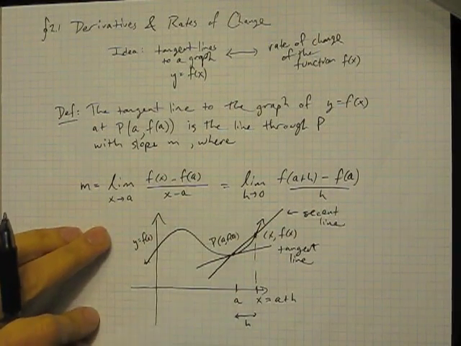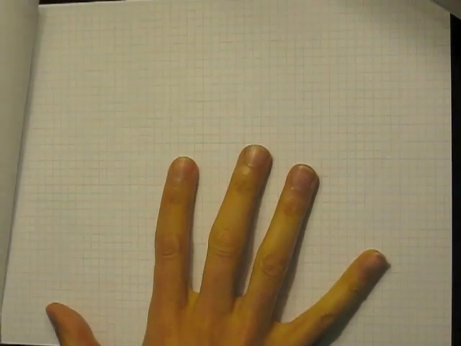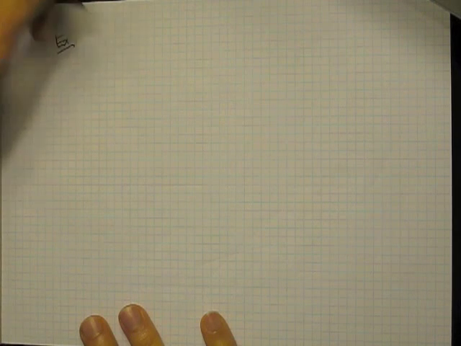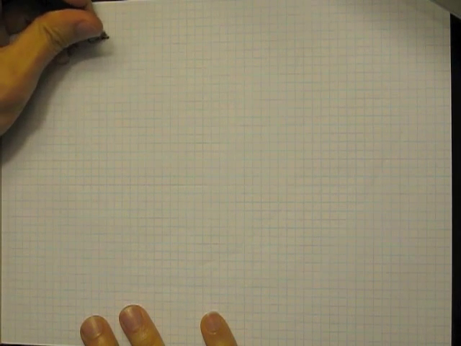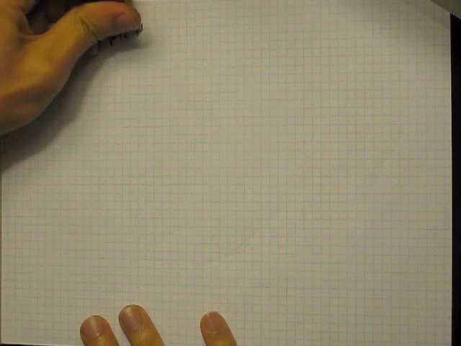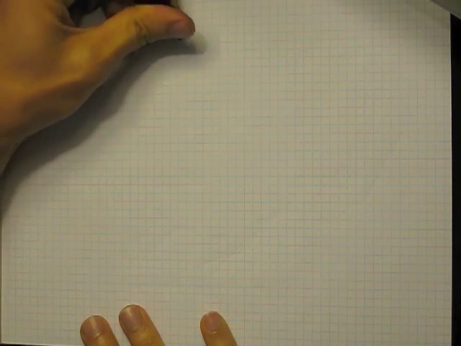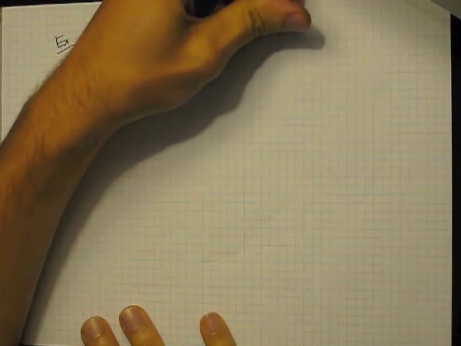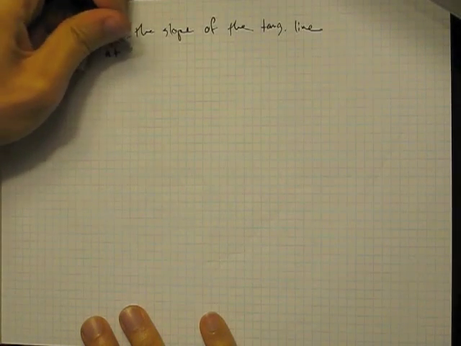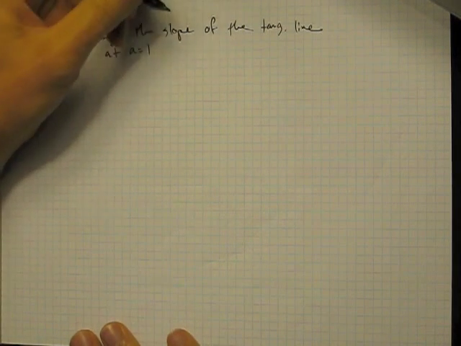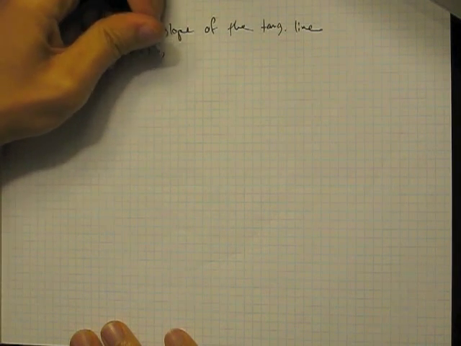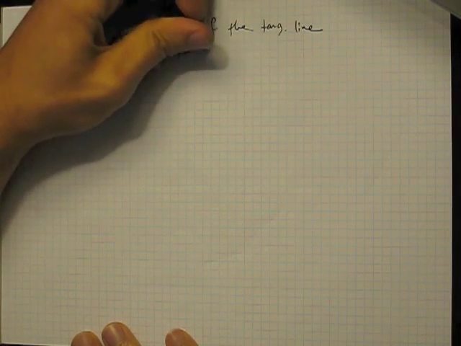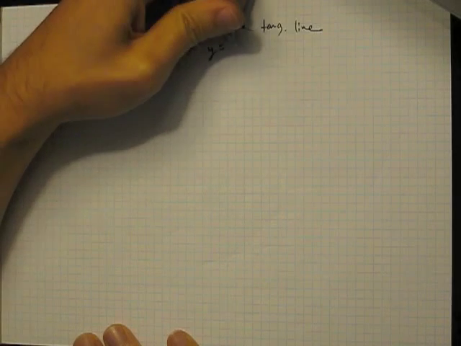Okay, so let's go through two examples where we use each definition. So the first example is let's compute the slope of the tangent line at a equals 1 for y equals the function x squared.